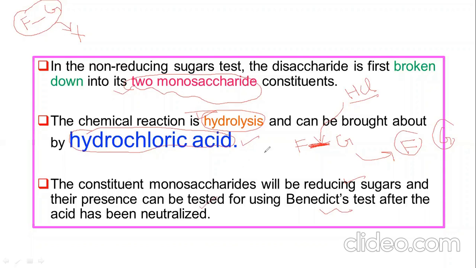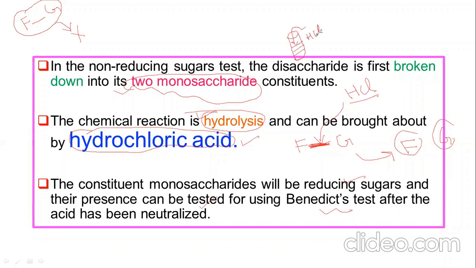Now remember, one thing here is very important. Let's suppose I have sucrose solution in this tube. First I put acid to break the glycosidic bond.